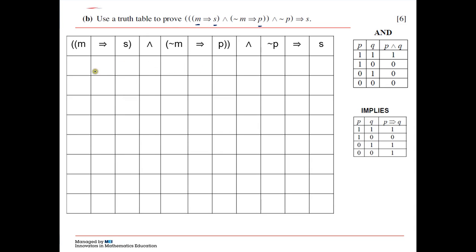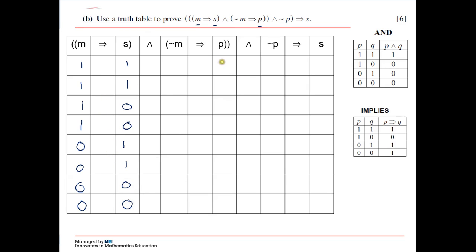Then we can start by filling in some 1s and 0s. So our first variable is M. So what I'm going to do with M is I'm going to put 4 situations where we've got a 1, and 4 where we've got a 0. Then when I get to S, I'm going to have 2 and 2 and 2 and 2. So I've got the same number of 1s and 0s, but I'm making sure that the 1s and 0s are all in different positions.